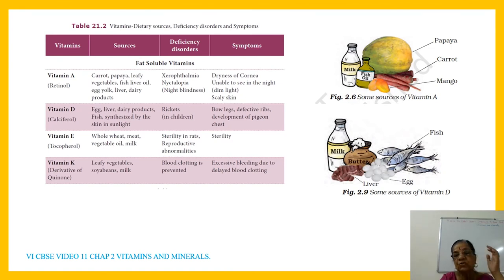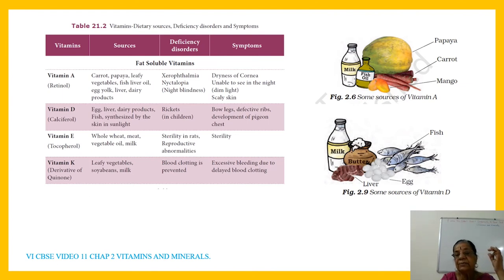Calciferol sources: egg, liver, dairy product, fish, and vitamin D can be synthesized by the sunlight. If you stand in the sunlight for 15 to half an hour duration, vitamin D can be synthesized.